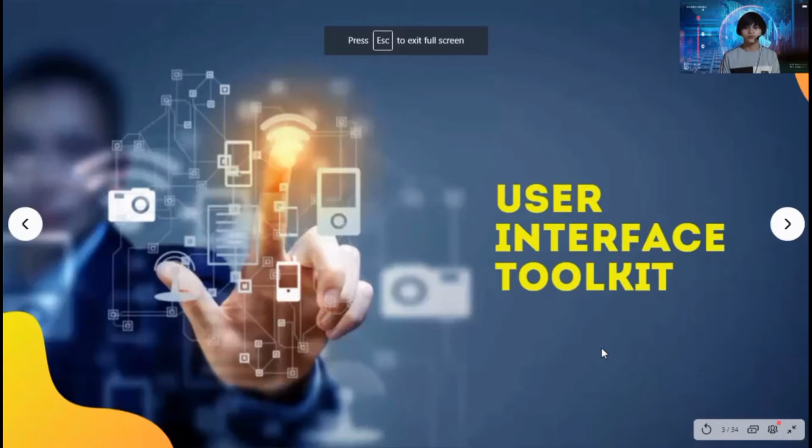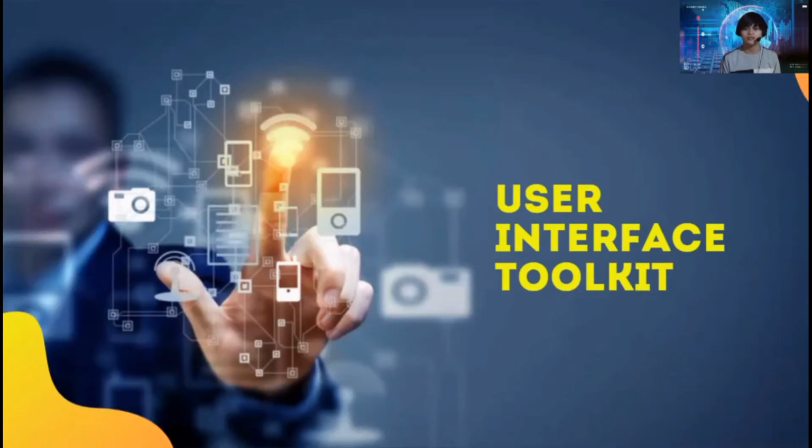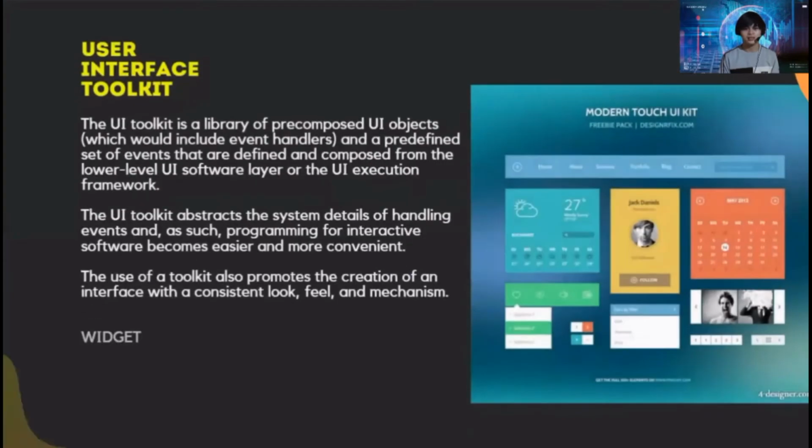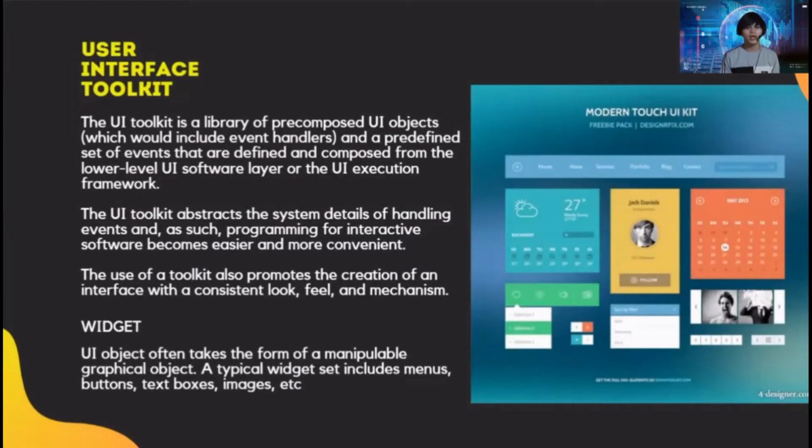So let's discuss first the user interface toolkit, or the UI toolkit. So what is a UI toolkit? Okay, the UI toolkit is a library of pre-composed UI objects, which include event handlers and a predefined set of events that are defined and composed from the lower level UI software layer, or the UI execution framework.